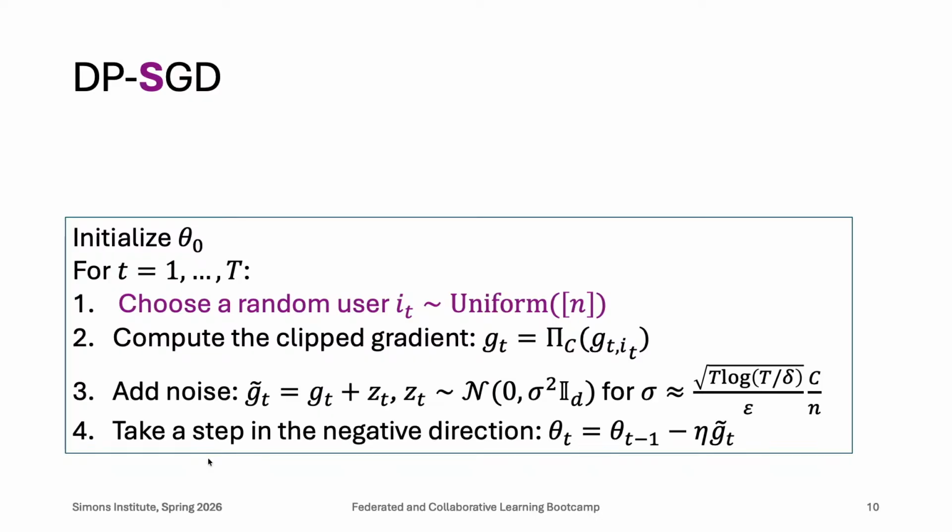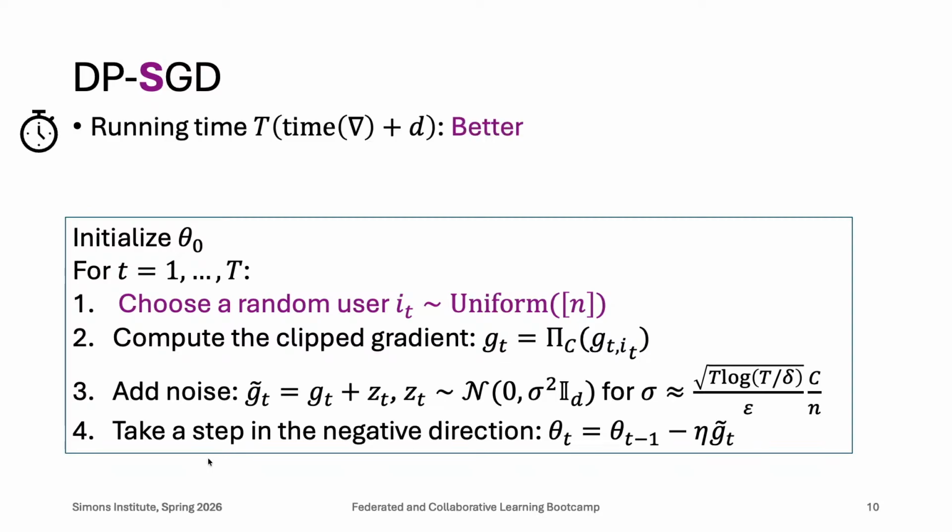I'm clipping that gradient and only using that gradient for my update. So in every round, I'm computing one gradient. And d is just the time to do the addition of d-dimensional vectors, which can't go away. But the point is that n is not there in the running time of every round.